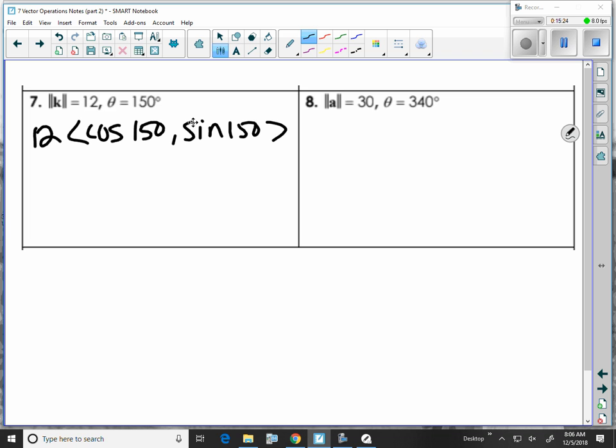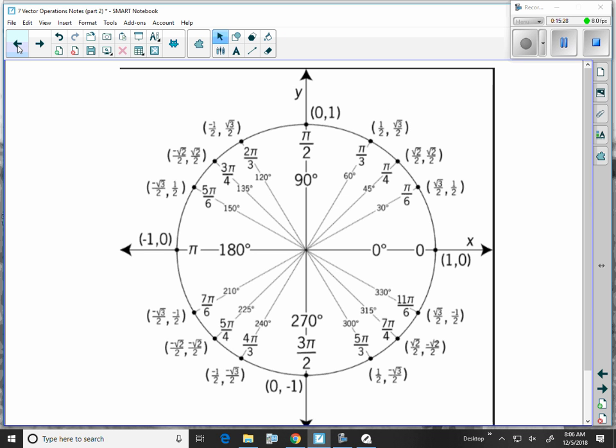Then we go to our unit circle. We look for 150, which we just so happen to have. So our cosine is negative radical 3 over 2, and our sine is 1/2.